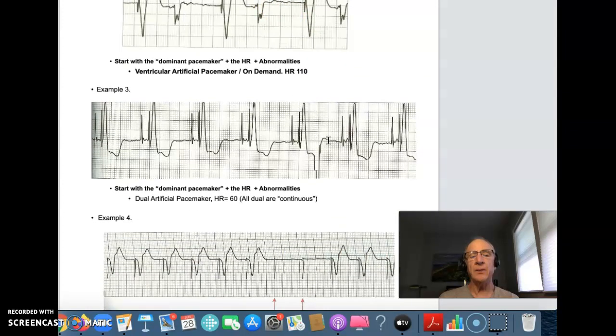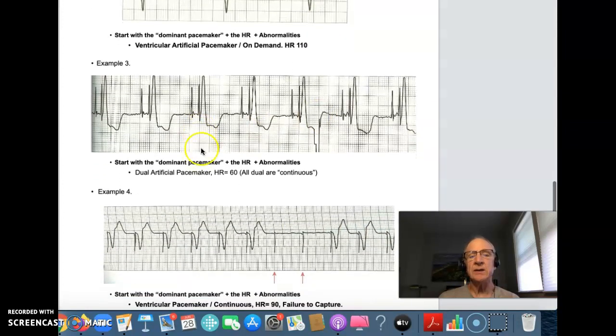The third example is a little more messy than you would want, but it's basically a dual artificial cardiac pacemaker. We have the little spike for the atrial beat. We have a little spike for the ventricular beat. They all look the same.